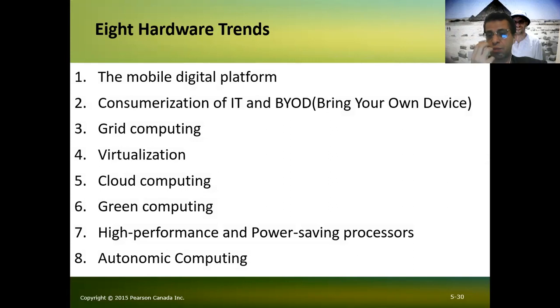And autonomic computing these days, where we see a big trend happening, is machine learning, where basically the machine starts computing by itself to develop a new result.